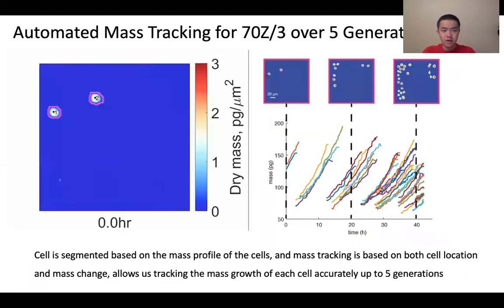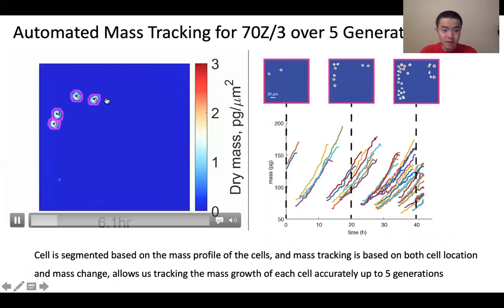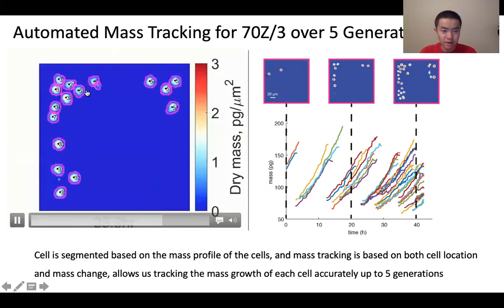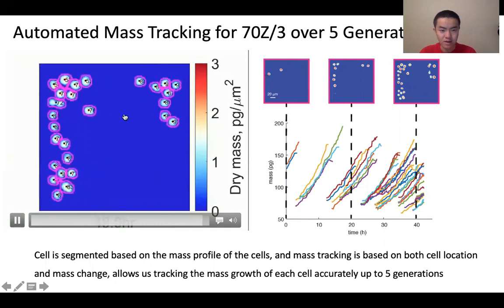And here's our automated mass tracking for 70Z3 over 5 generations. We segment out the cells based on the cell mass, using the watershed algorithm to separate the cells, and we track the location of each individual cell based on their mass change and their location.